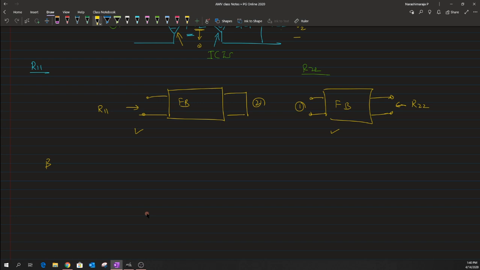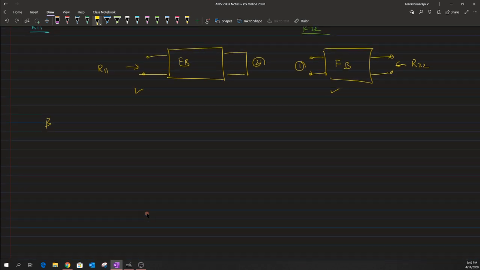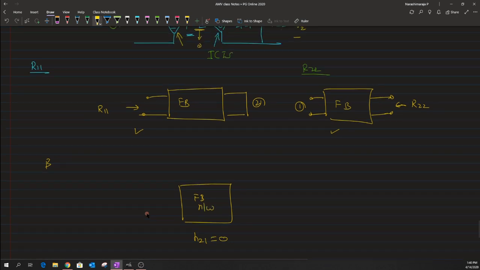Now in order to calculate this factor of beta, we are just going to utilize the feedback network. In this feedback network, the consideration is that this H21 current source is neglected, which means that this is made 0. Even though it is neglected, we use those concepts to check whether we have to open circuit or close circuit.